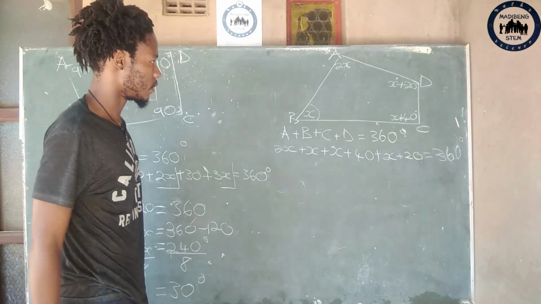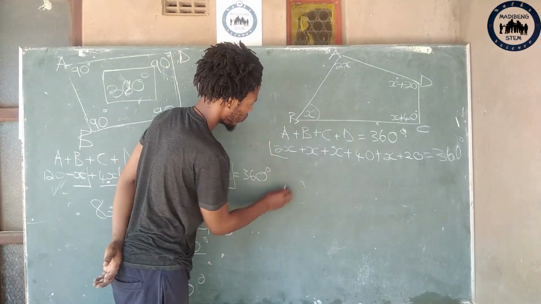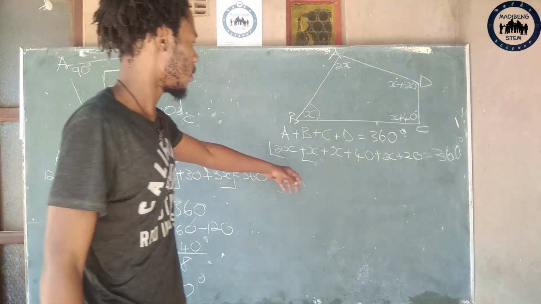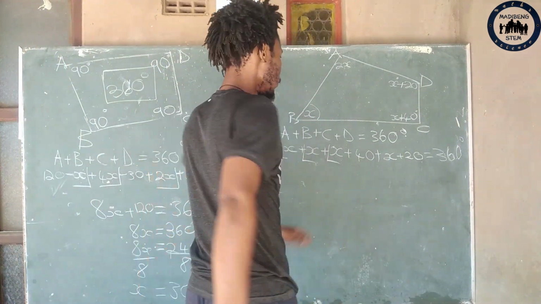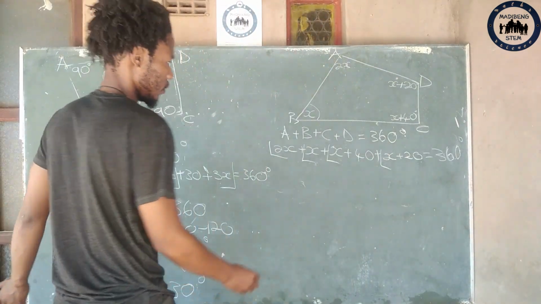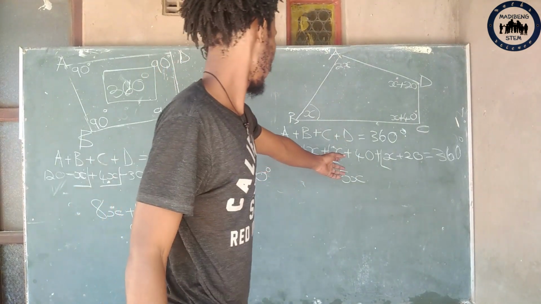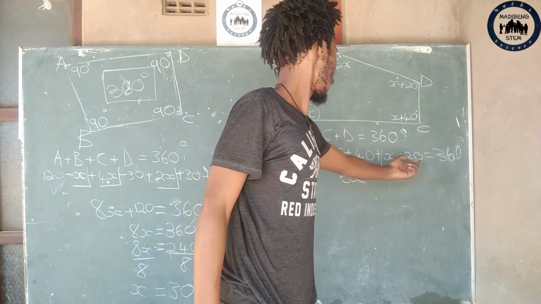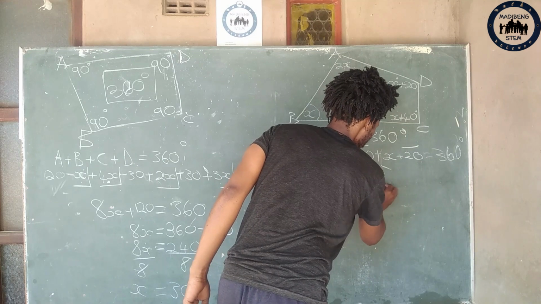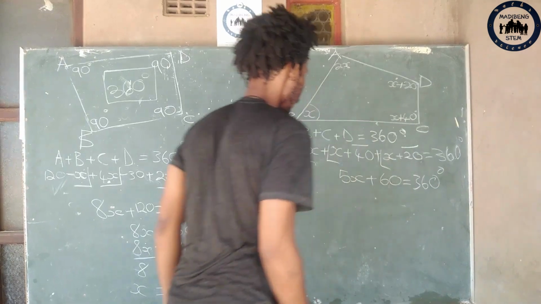So we check our like terms. We have 2x plus x, plus x, plus x, that is 5x. Then we have 40 plus 20. So 5x plus 60 is equal to 360 degrees.